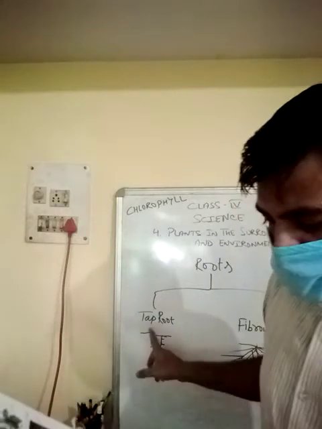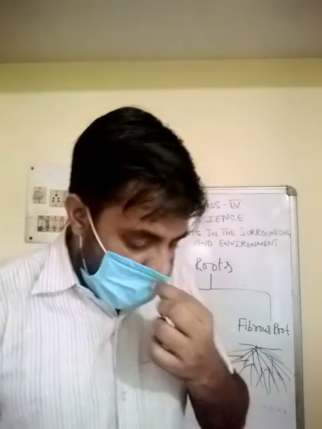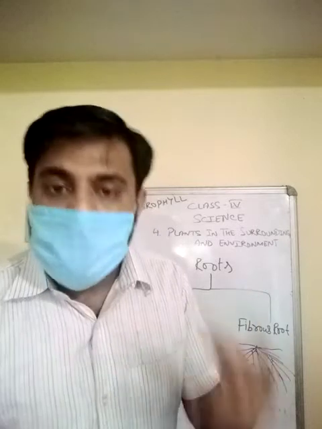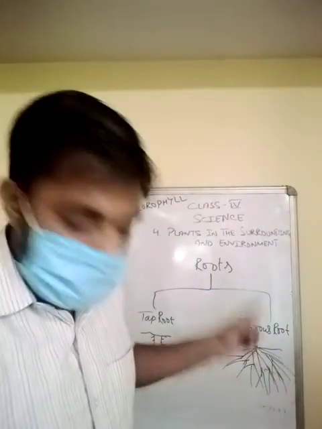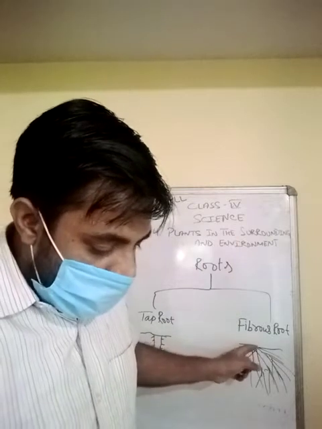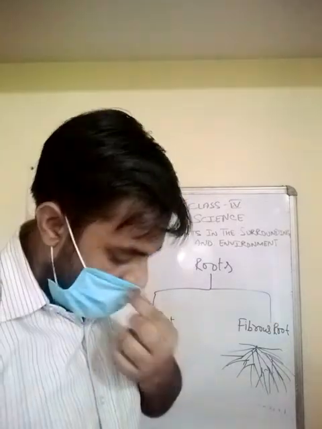Now let's see what the book has to say on this. Roots are of two types, taproot and fibrous root. Taproot consists of a thick main root from which thin roots grow. Plants such as pea, carrot and hibiscus have taproot. But fibrous root consists of mainly thin and bushy roots instead of one main root.